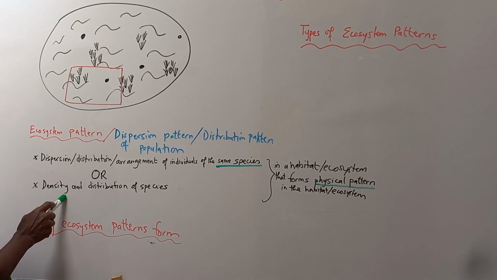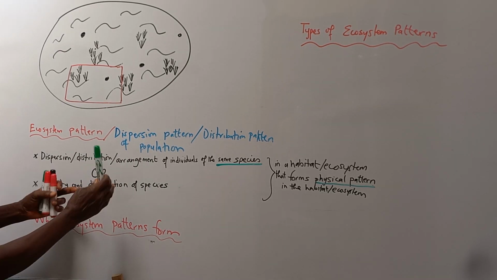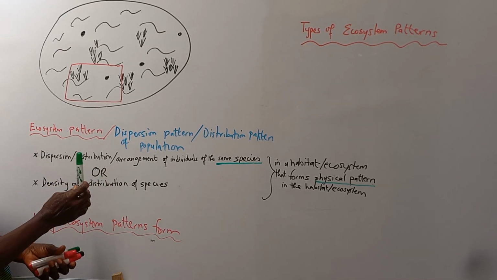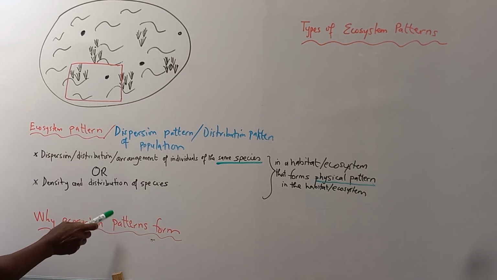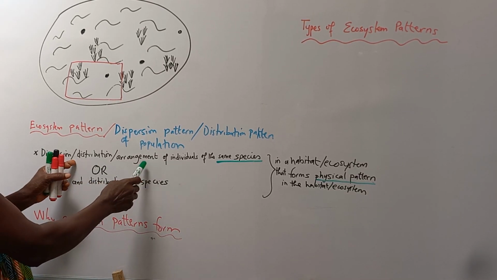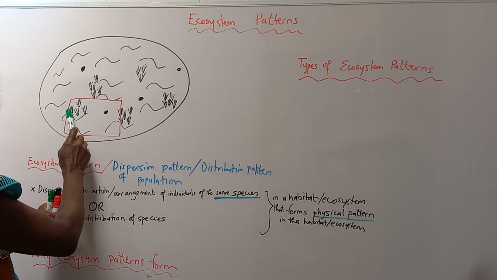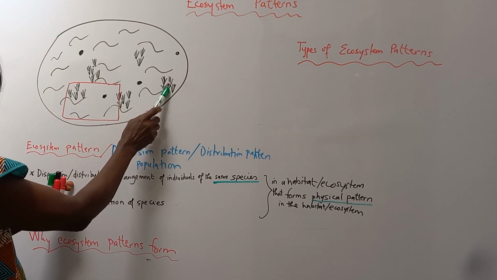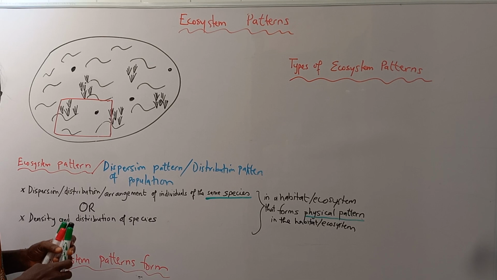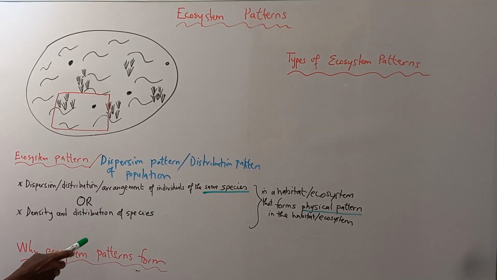You see, density talks about species numbers in a space, all right? If you don't talk about species and you say arrangement of individuals, all these are individuals. So take note of this, right?